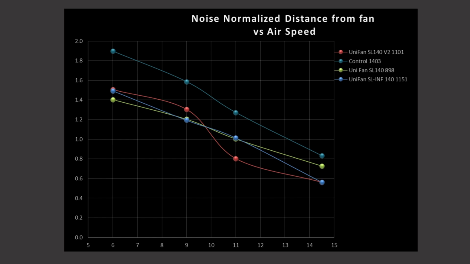Mind, there is a limit to it, and it depends on the restrictions on the front of the case, where larger 200mm class fans often have brackets in the way, so you do need to be careful with regard to that statement. I'm talking where there aren't really any restrictions for the air to travel into the case.